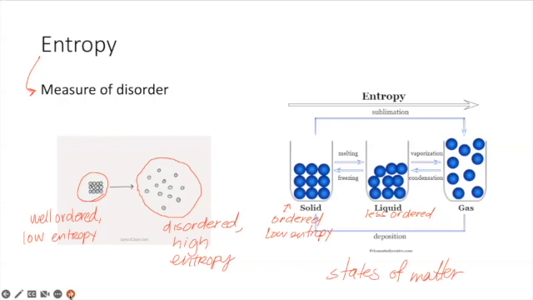I'll put medium entropy. Whereas gas is super disordered and has super high entropy.